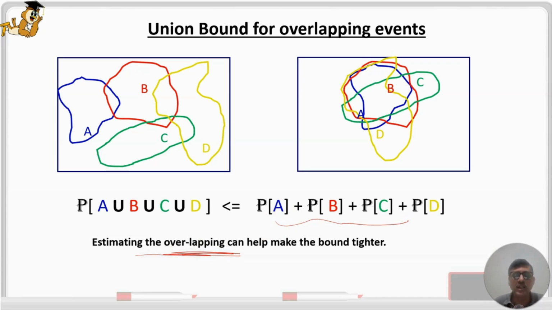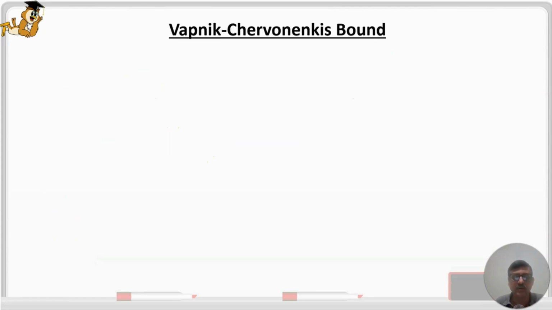Okay, the bound we saw in the previous slide could be so loose as to be completely useless. You can start tightening that bound if you can estimate the overlap between the events that you're talking about. Okay, so let's proceed to estimate the overlap in our events. Great.